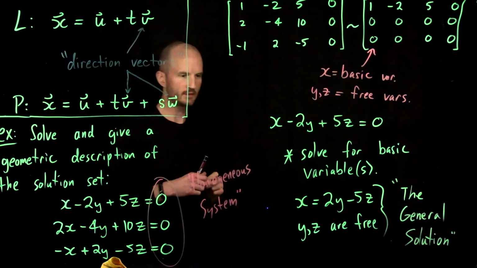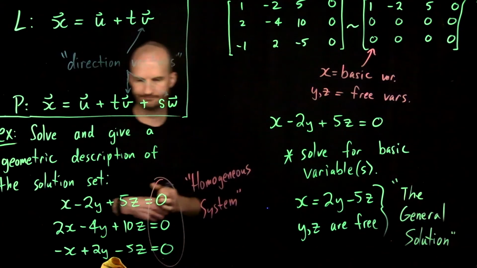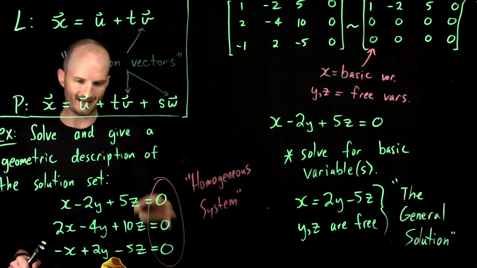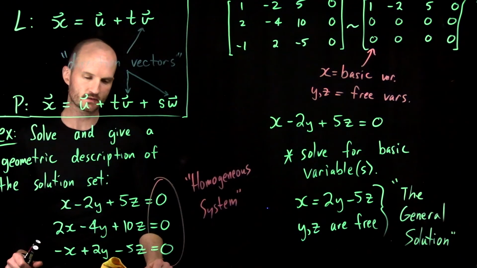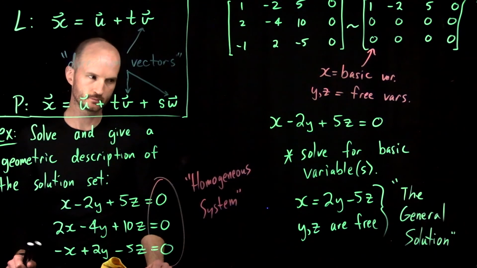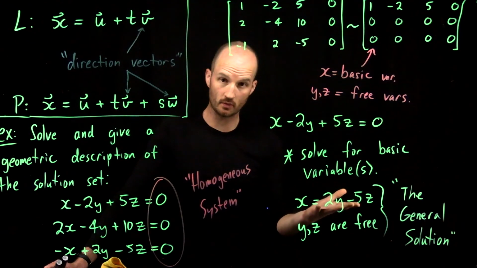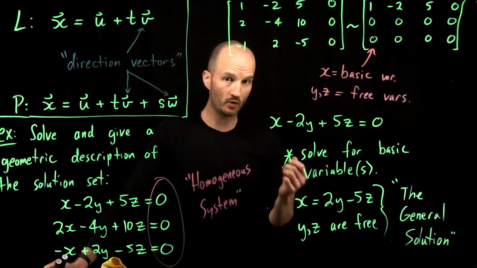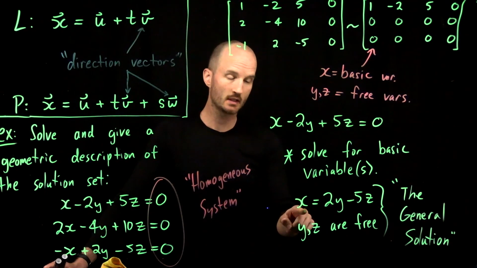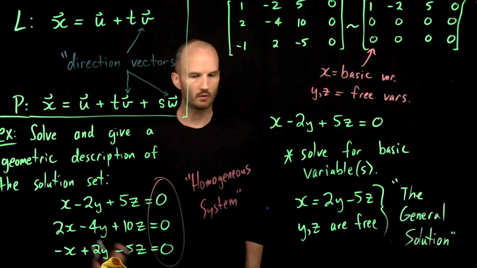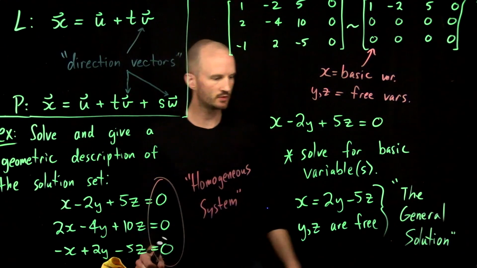So it tells me that any combination x, y, z that passes all three of these tests is of this form. Okay, y and z can be whatever you want, but then once they're chosen, x has to equal 2y minus 5z. Okay, we'll come back in the next video and talk about some geometry here.